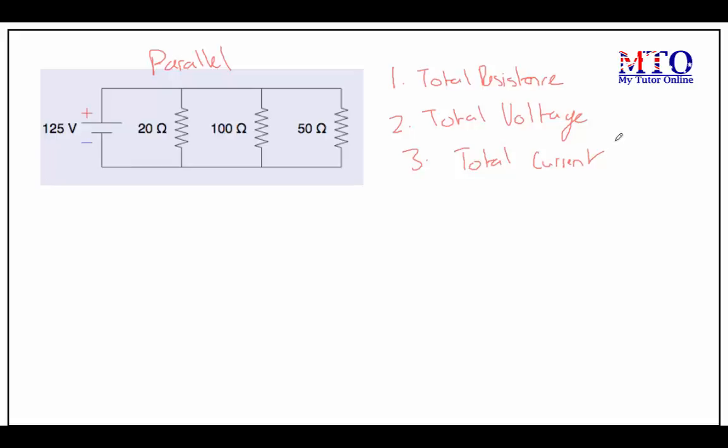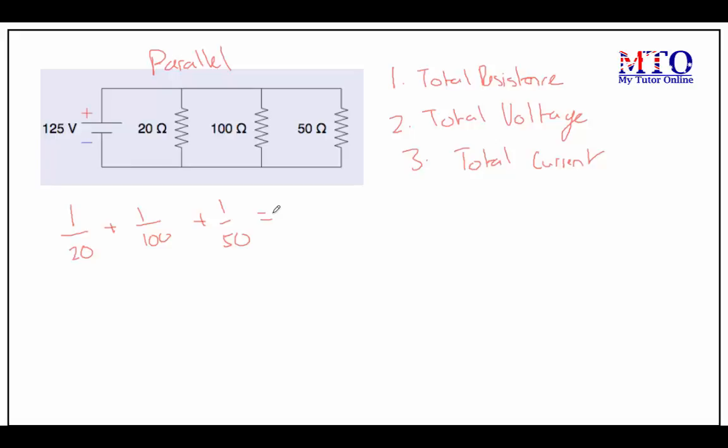Okay, so let's find the total resistance. So we've got three values here, 20, 100, and 50. So to find the total resistance, what we do is put 1 over 20 plus 1 over 100 plus 1 over 50. And what that value gives us is, one moment, let me grab my calculator.